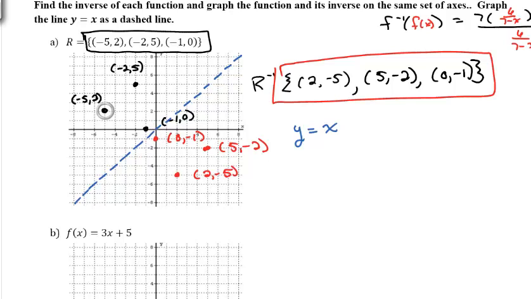And same with this point, when you reflect it across the blue line, becomes this point here. And same with the point negative 2, 5 reflected across the line y equals x will be the point 5, negative 2. So the inverse function and the function are mirror images across this line y equals x.